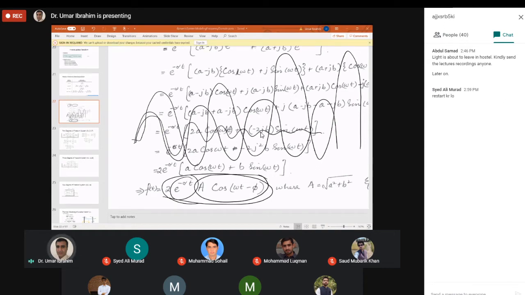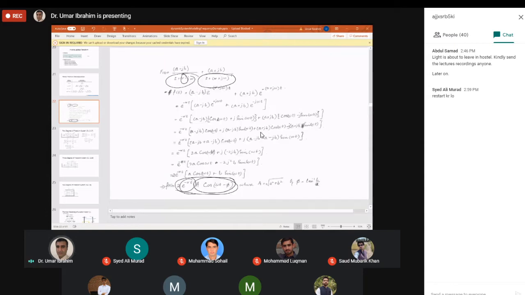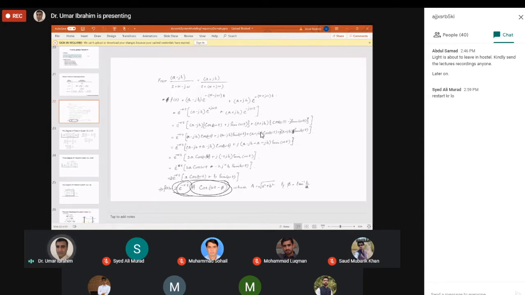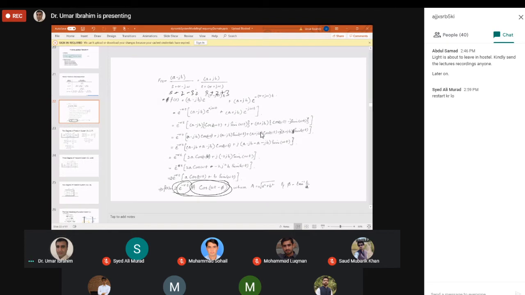So whenever you have complex poles, for example, this is a second order system with 2 complex poles. This is your S plus 2 minus 3 iota, and this is your S plus 2 plus 3 iota.